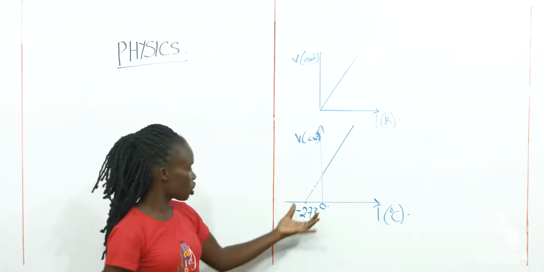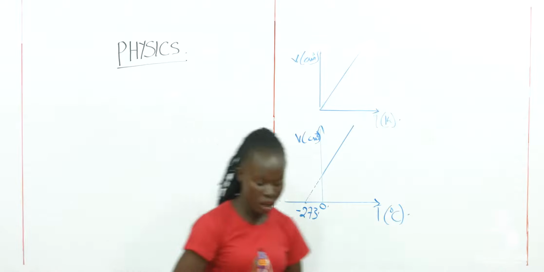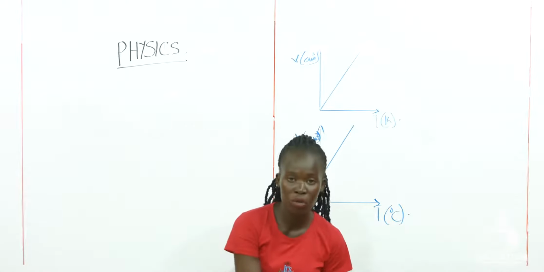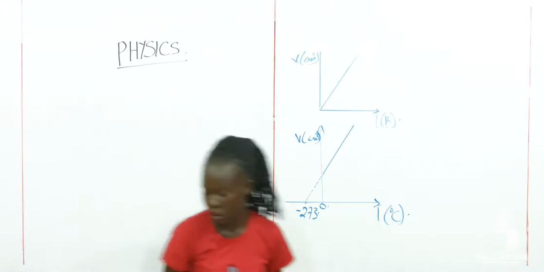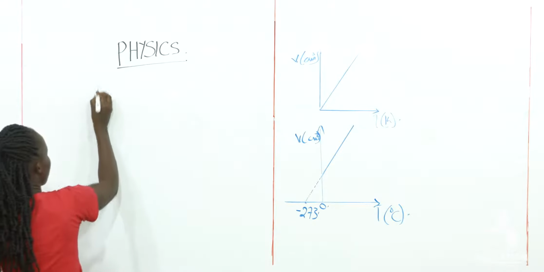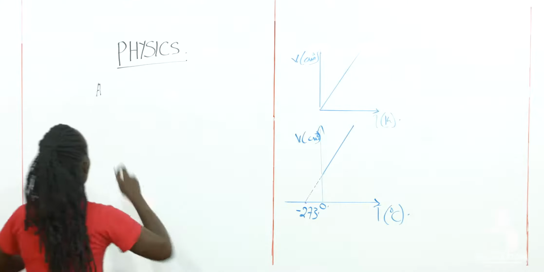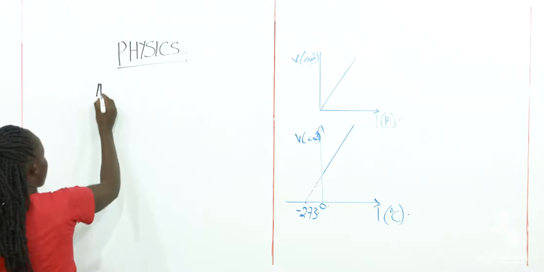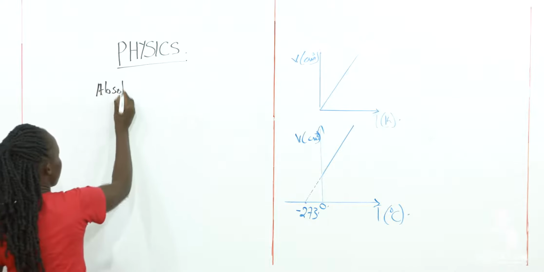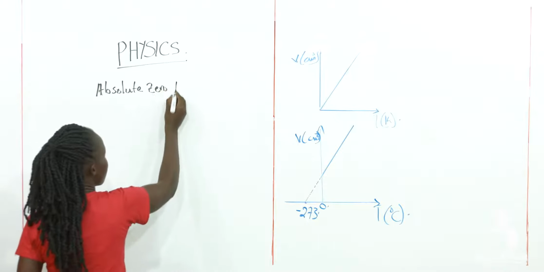So this temperature at this point, -273, is what is known as the absolute zero temperature.